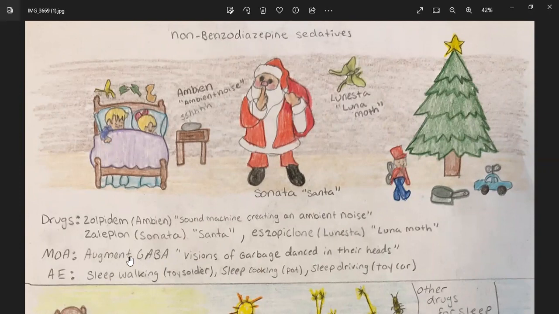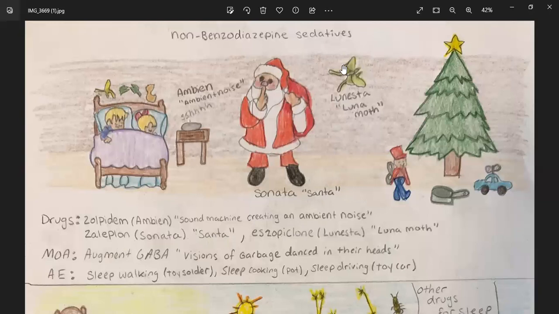It still augments GABA. And the drugs in this category are Ambien, that's the brand name. Generic is zolpidem, but Ambien for ambient noise. So I have this little noise machine here that's making ambient noise. I already mentioned Sonata, which the generic is zaleplon.